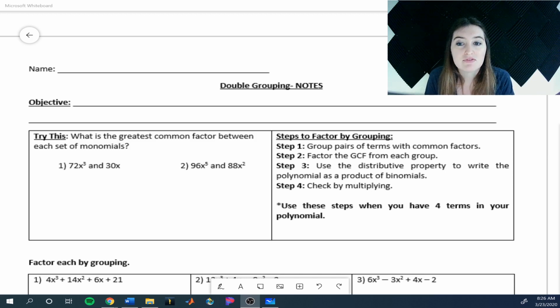For number one, we have 72x cubed and 30x. For number two, we have 96x to the fifth and 88x squared. Let's take about 30 seconds or so, and then I'm going to start working on it myself, okay?